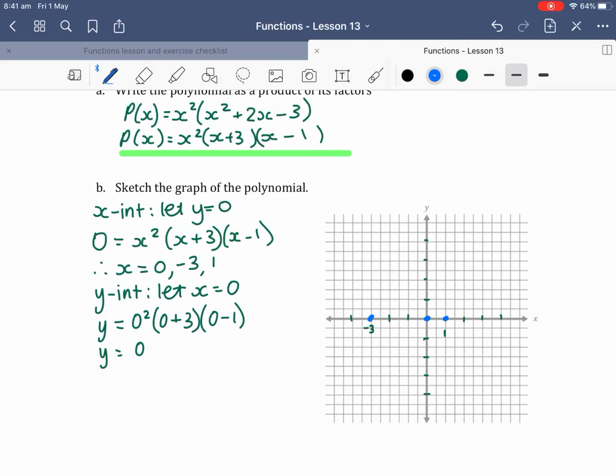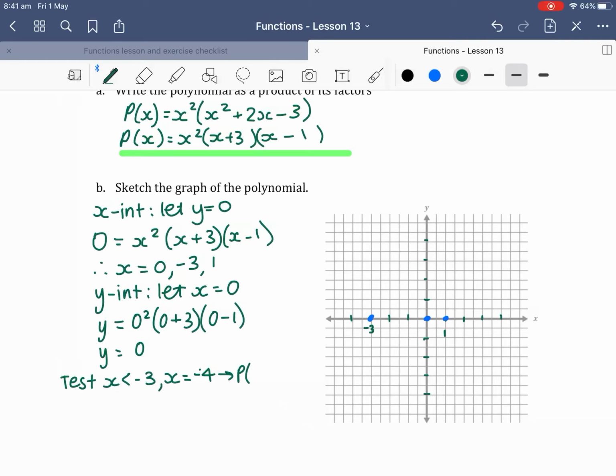Now, we don't know whether the graph of our polynomial starts up here or if it starts down here. So what we're going to have to do is test in between each point. We're going to test when x is less than negative 3. So we're going to let x equal negative 4 and sub that in.